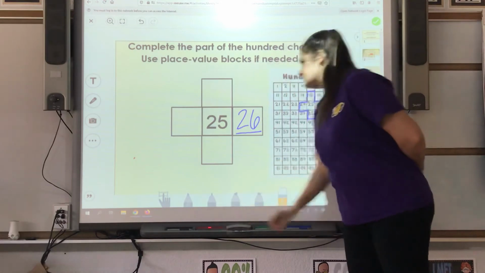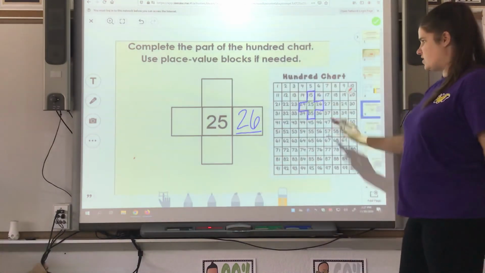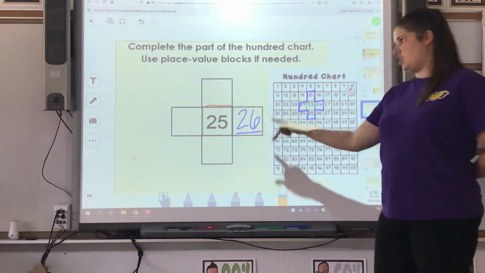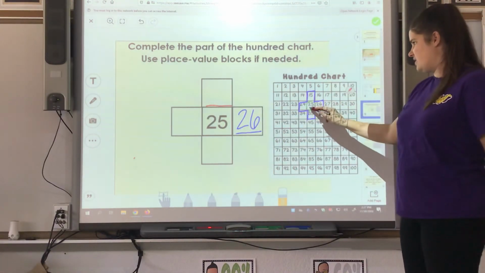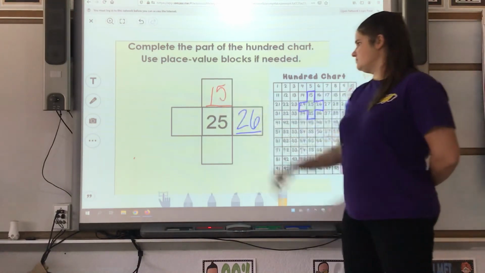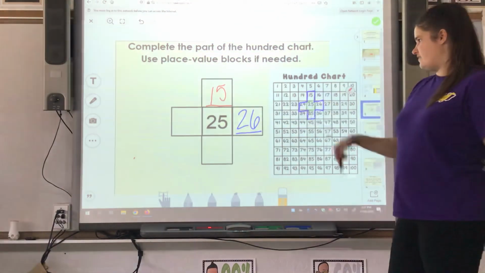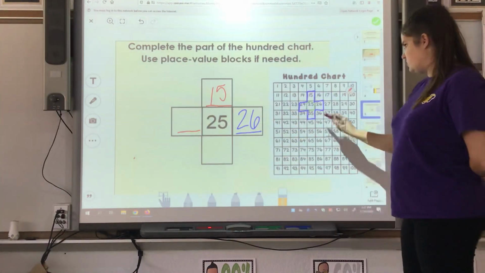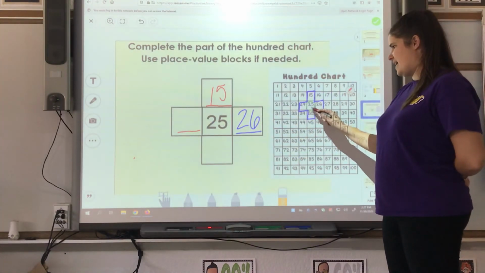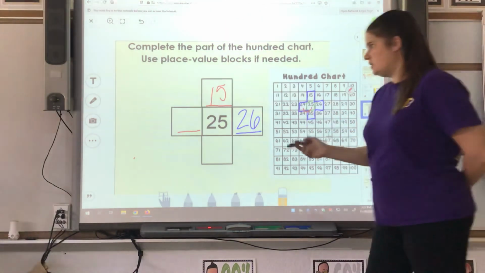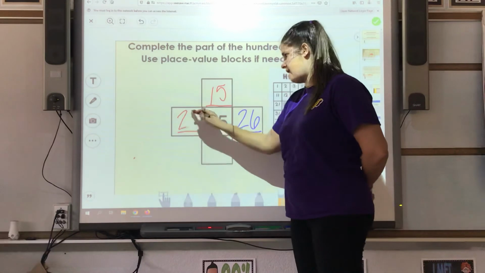Using it like this is just a shortcut. So 25 minus 10, I'm going to look above 25, minus 10 would give me 15. 25 minus 1. If I want to do 25 minus 1, I look to the left. 25 minus 1 is 24.